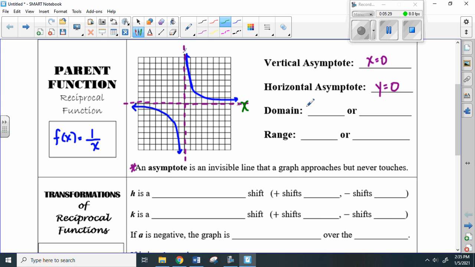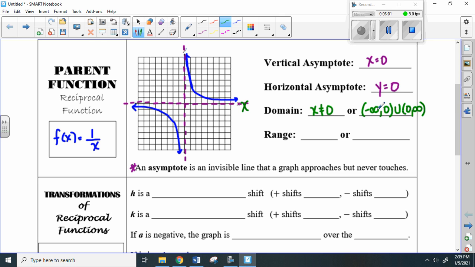So the domain is every single number possible except x equals 0. The quick way to say that is x cannot equal 0. But if I wanted that in interval notation, you would start at negative infinity, stop at 0, union, and start again at 0 and go to positive infinity.